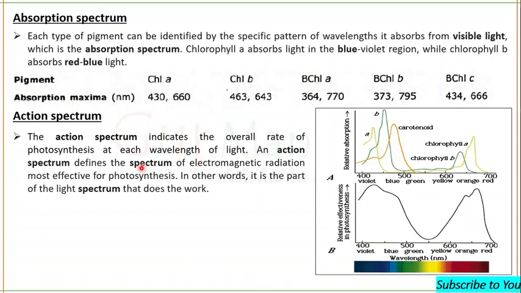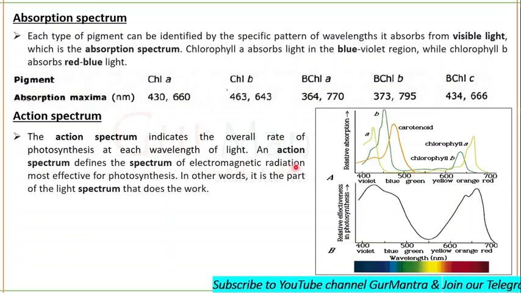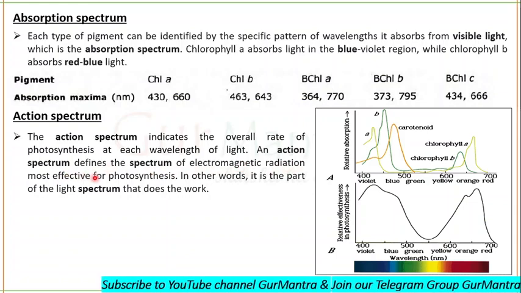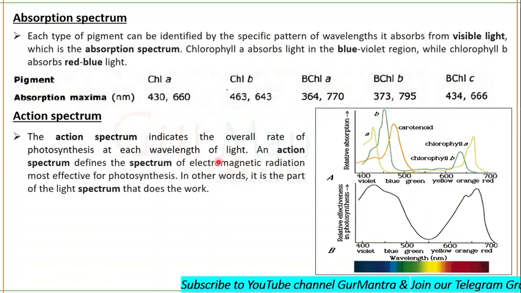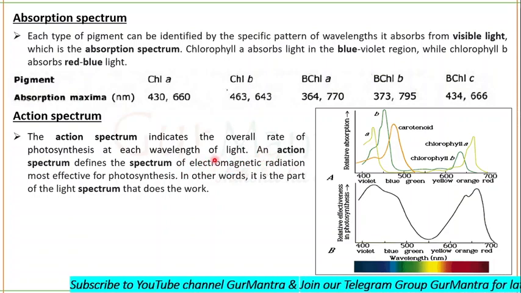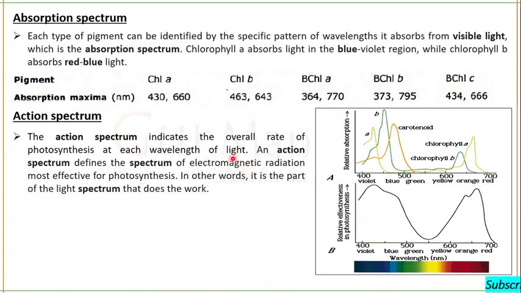And action spectrum actually defines the spectrum of electromagnetic radiation most effective for photosynthesis. Okay, so action spectrum will be telling us about the electromagnetic radiations which are the most effective for photosynthesis. In other words, it is the part of the light spectrum that does the work.